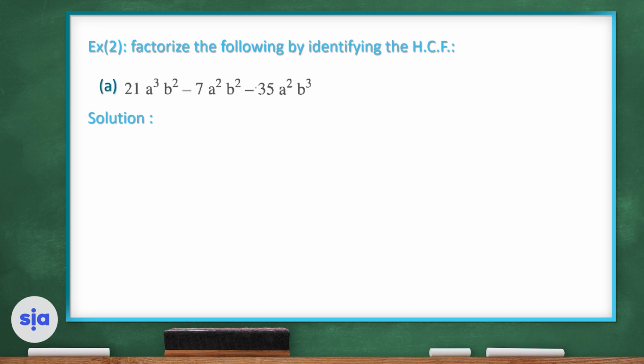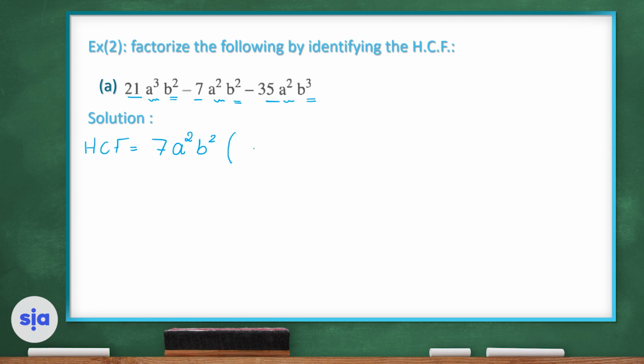Let's solve now exercise number 2. Factorize the following terms by identifying the HCF. First of all, we start by finding the HCF. We have 21, 7, and 35, so the HCF is 7. We have a power 3, a power 2, and a power 2, so we take a with its lowest power. And then b squared, b squared, b power 3, we take the b with its smallest power.